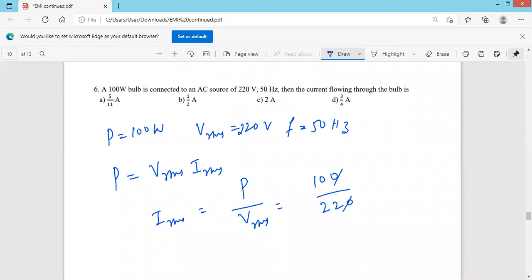It's 10 by 22, that is 5 by 11 ampere. Option A is the correct answer.